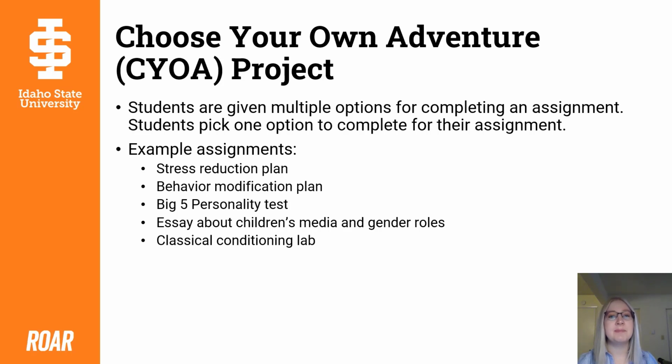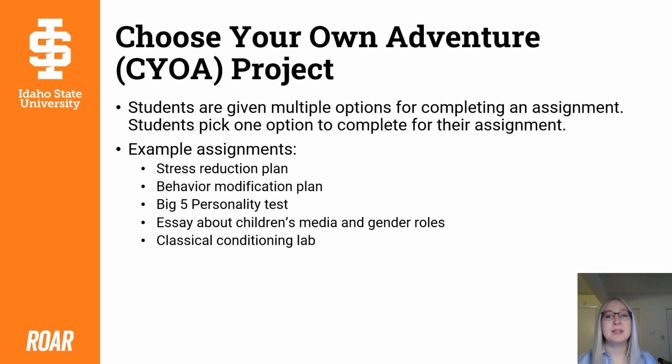So a couple of examples from my Choose Your Own Adventure assignments included creating a stress reduction plan, working on a behavior modification plan. They took the Big 5 personality test and then reported on how accurate they felt their results were. I also had one where they could write an essay about children's media and gender roles.